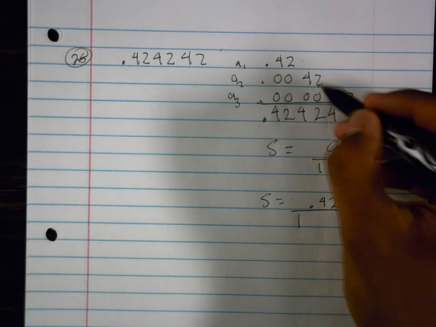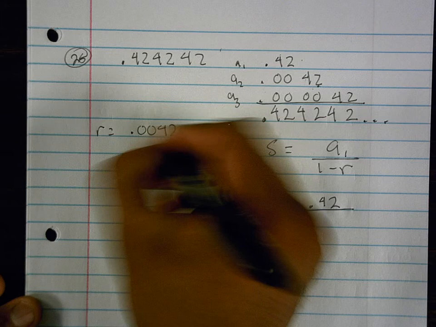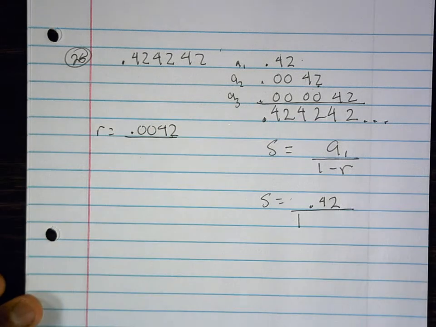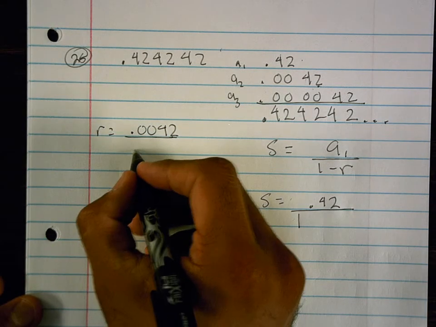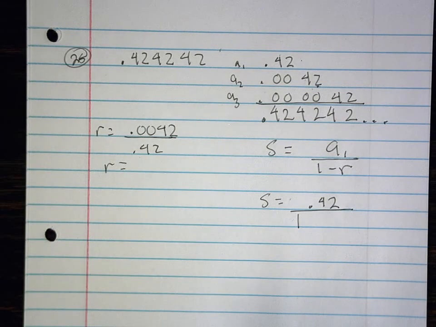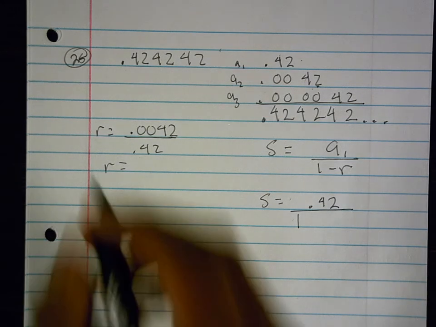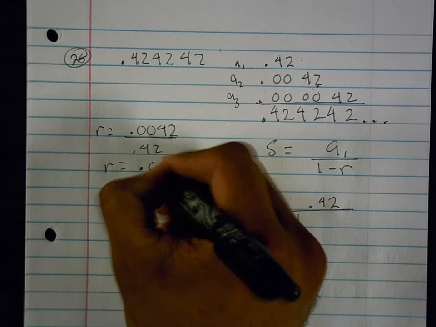So R is equal to 0.0042 all over 0.42. You can see it's really a question of just moving decimal places, and R equals 0.01.